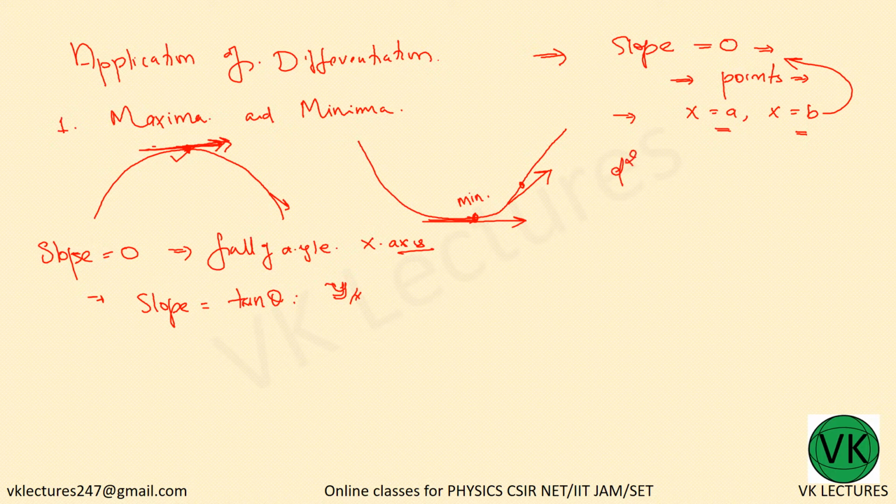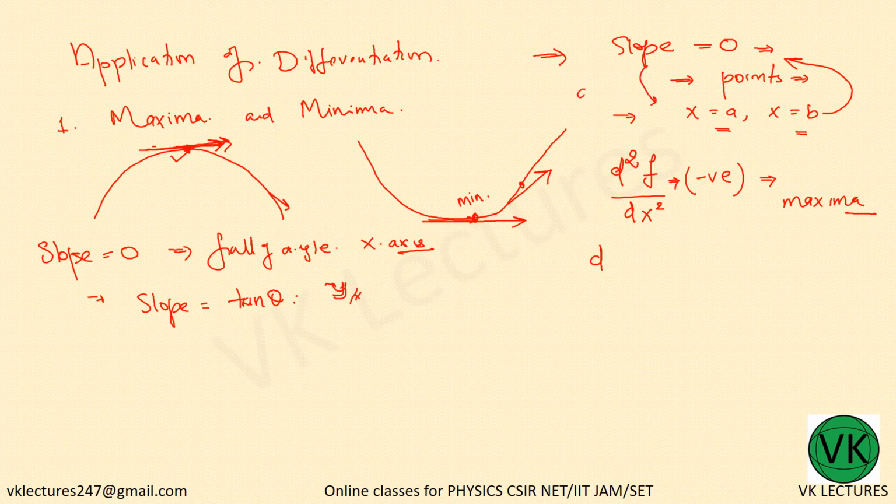Take the second derivative of the function with respect to x. Okay. If the second derivative of the function happens to be negative, then this is maxima. Okay. That means you already have the first slope.